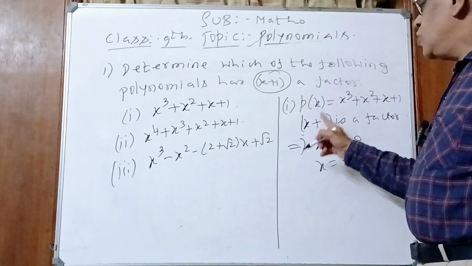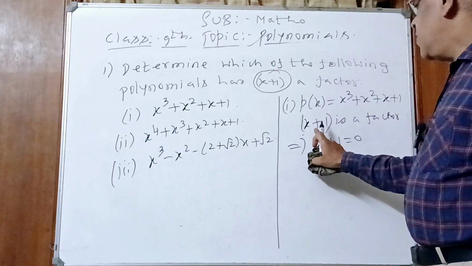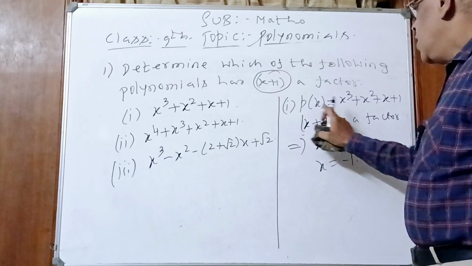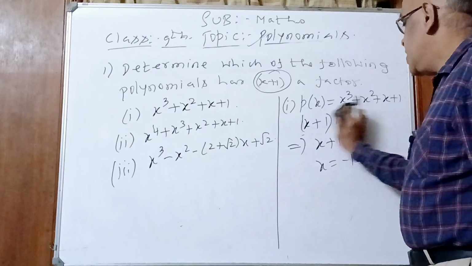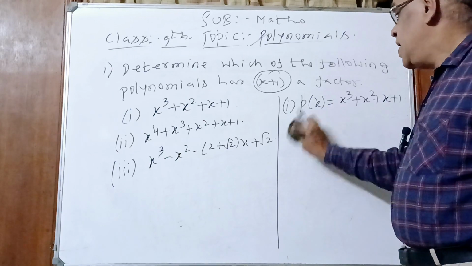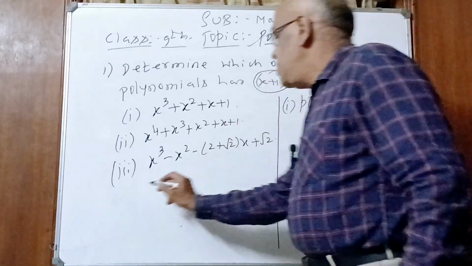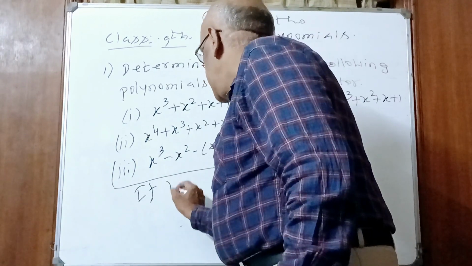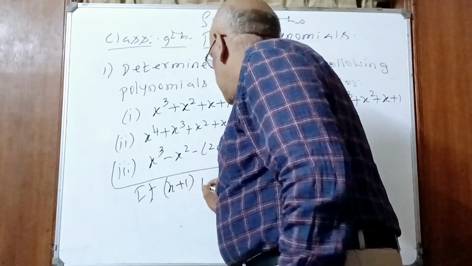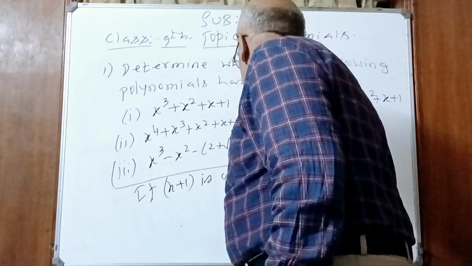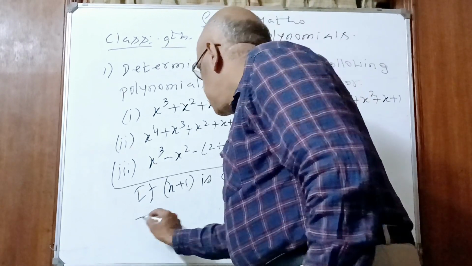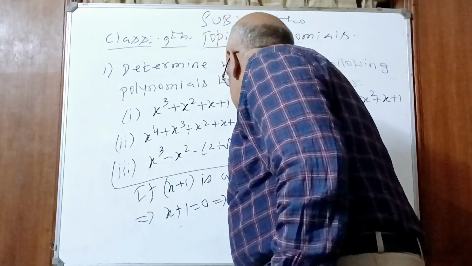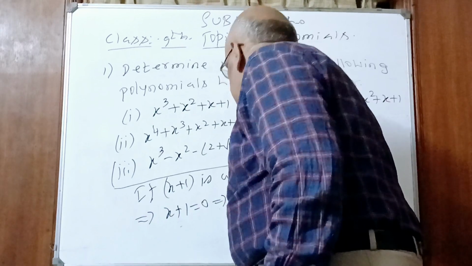To check whether x plus 1 is a factor, equate x plus 1 to 0, shift plus 1 to this side, and you get x is equal to minus 1. Wherever x is there, put minus 1. So if x plus 1 is a factor, x plus 1 is equal to 0 implies that x is equal to minus 1.